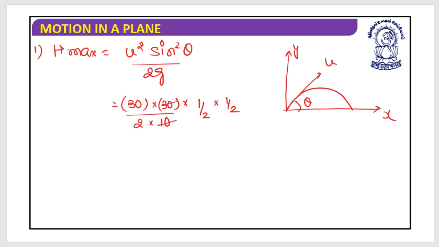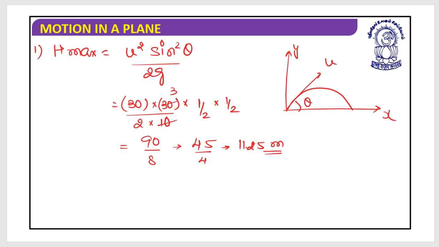So this is 10 3s are 30, and this equals 30 3s are 90. This is 90 divided by 8. If I solve this, it's 45 by 4, and 45 by 4, 11 fours are 44, so this could be written as 11.25 meter. I hope this is clear. Yes, this is the H max.